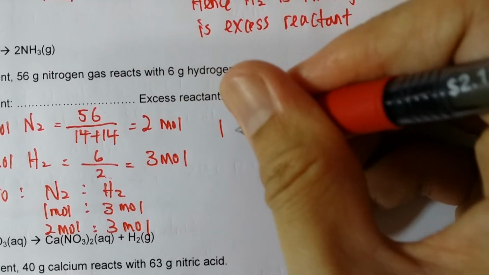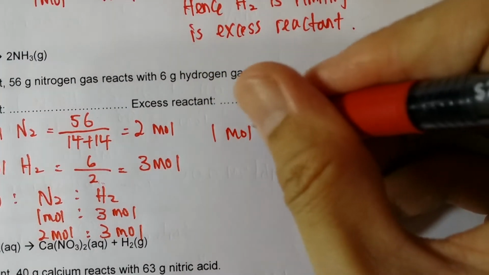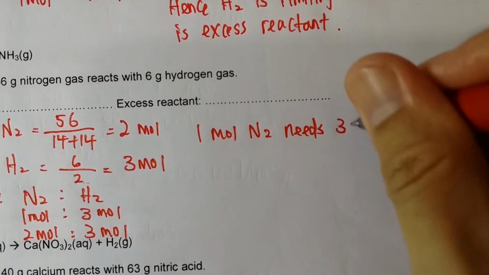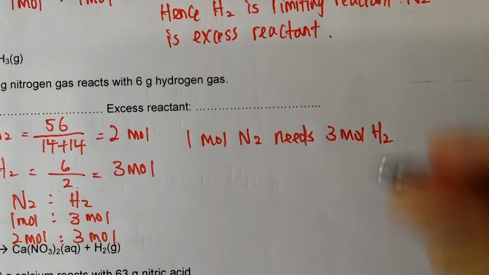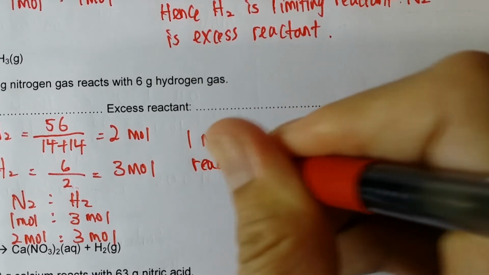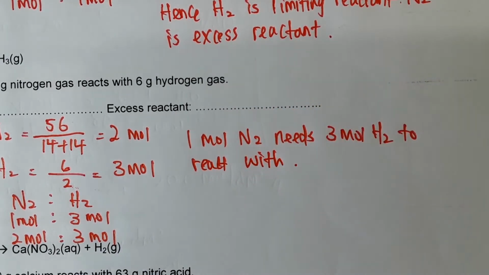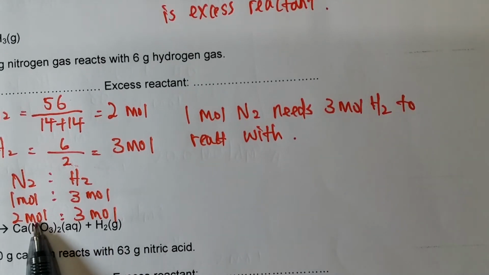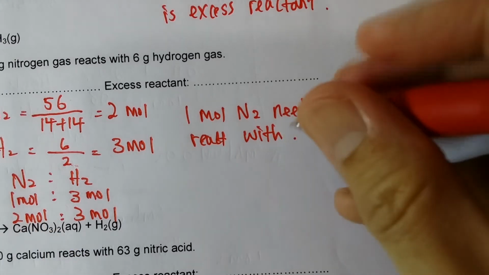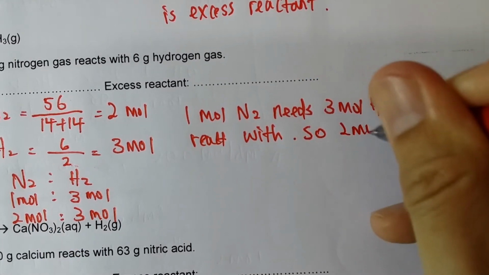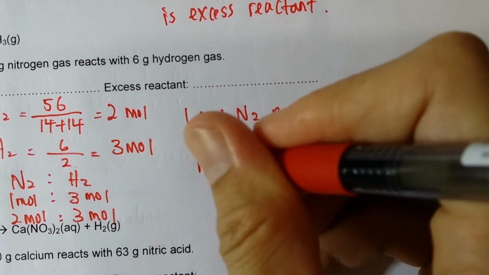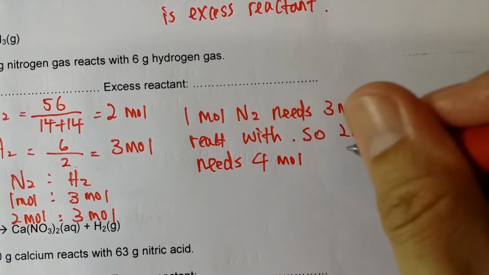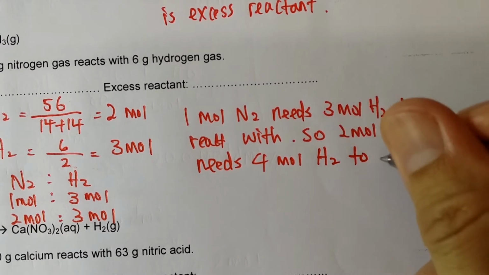So you can say 1 mole of nitrogen needs 3 mole of hydrogen to react with, which means that if you have 2 mole of nitrogen, it would need 6 mole of hydrogen to react.